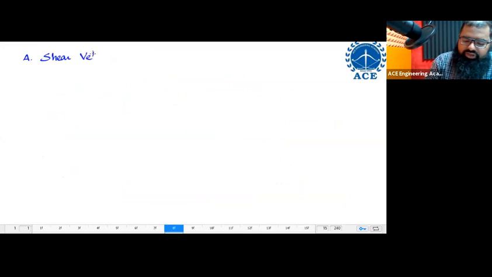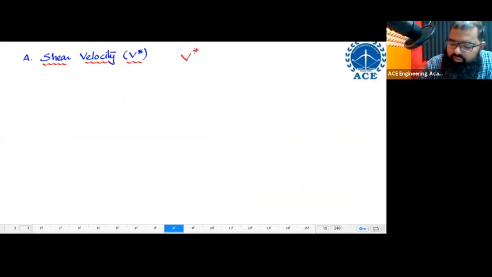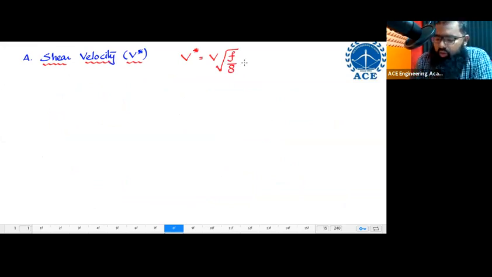That is the formula for shear velocity V star. The formula for V star is equal to V root over F by 8, where F stands for Darcy friction factor, or this is also equal to root over tau naught divided by rho. This is the formula for shear velocity.